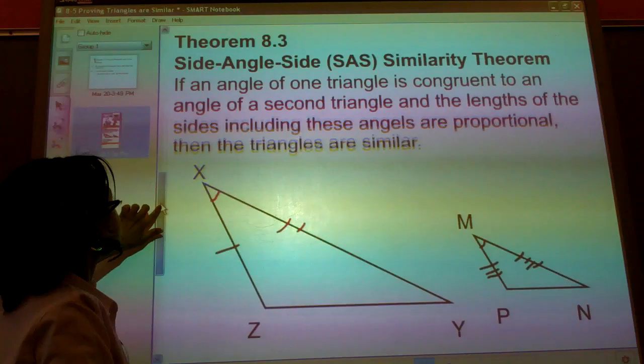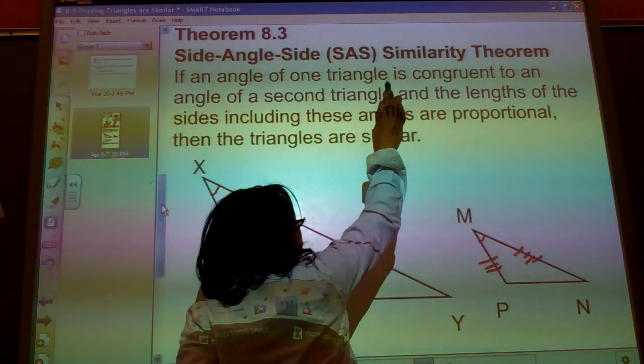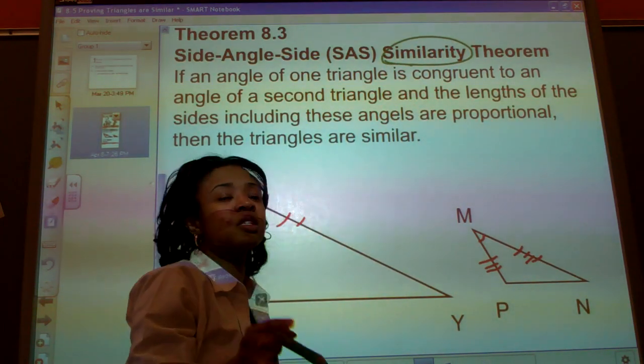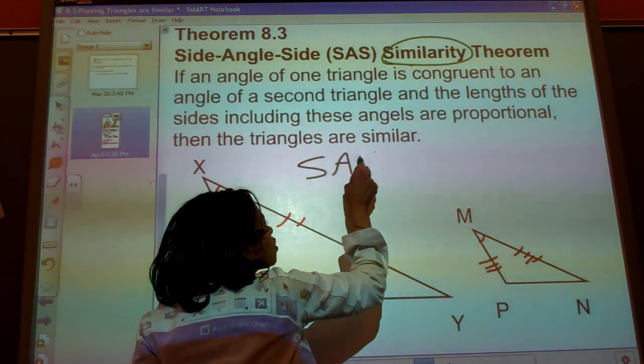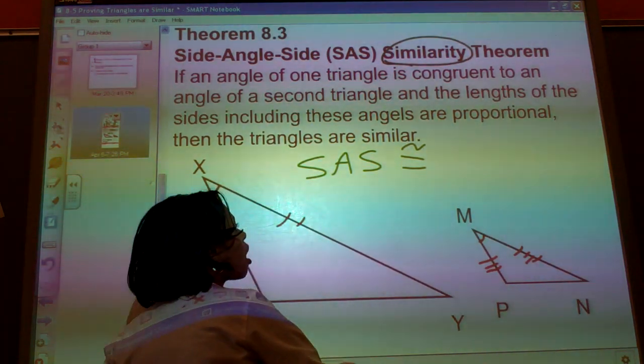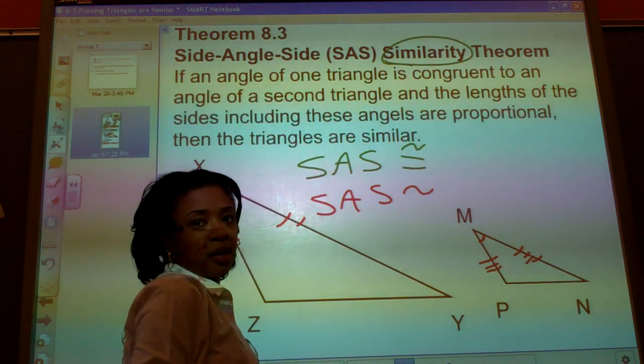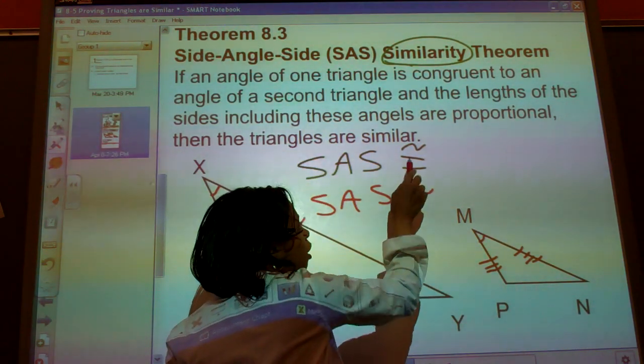Theorem 8.3 is side angle side, similarity. Again, key word is similarity, and this is old. We did side angle side before when they were congruent. Now I'm talking about side angle side, similarity. Remember the difference between congruent.